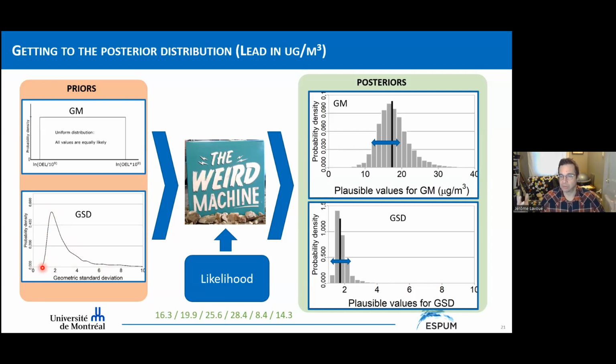in the general industry. What it means in terms of the calculation is that if your data set suggests a very high GSD, like 8 or 10, it will tend to be pulled back towards lower values by our prior, except if you have a large number of points.